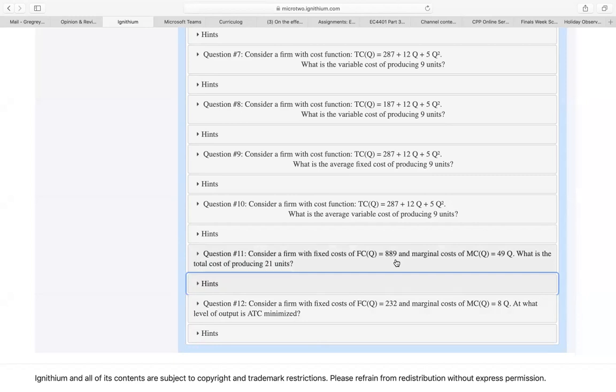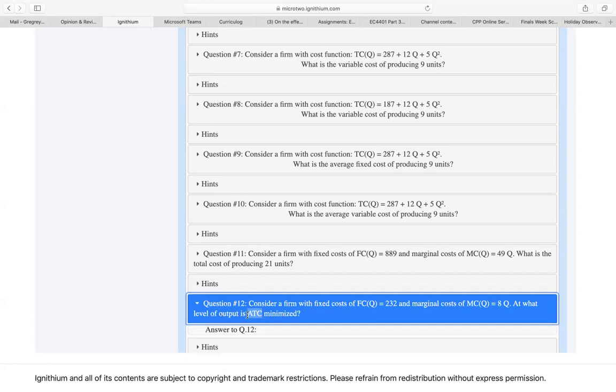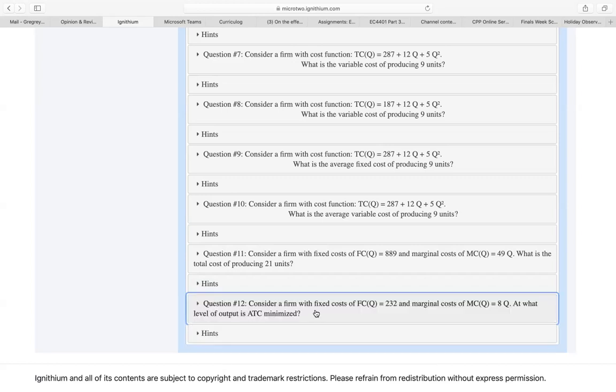So we could do the same thing to get the total cost, but we have to get it as a general formula, a general function of Q, and then take total cost as a function of Q and divide it by Q to get average total cost as a function of Q. Does that make sense?